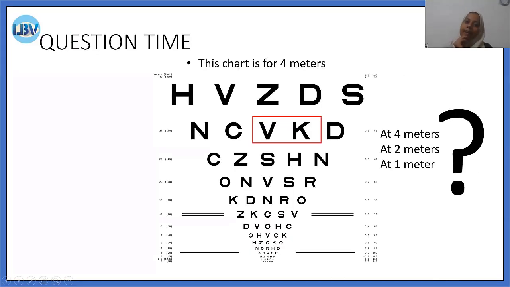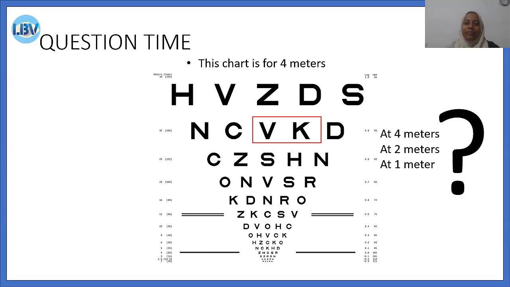So after this, I have some questions. These are the letters read by the patient with the right eye, or OD. These were the letters read correctly in the 0.9 line. So what will be the visual acuity of that patient with the right eye at 4 meters, 2 meters, and 1 meter? You can put your answer in the chat box.